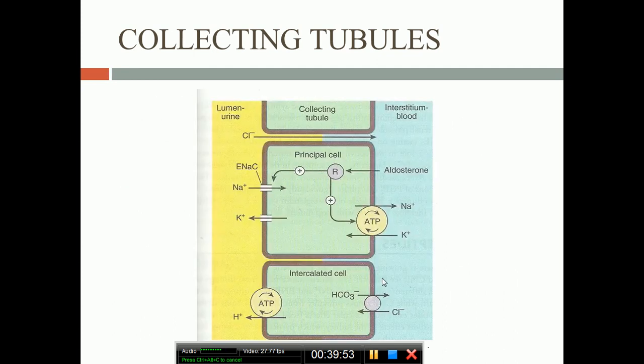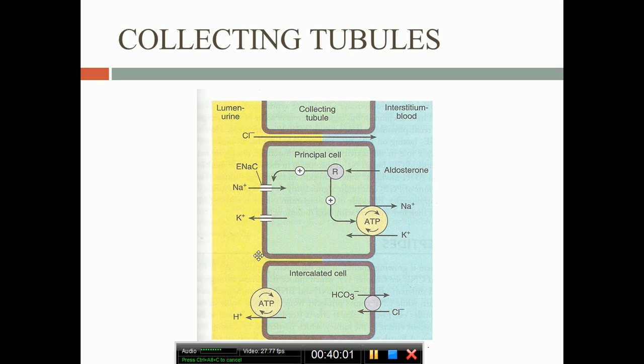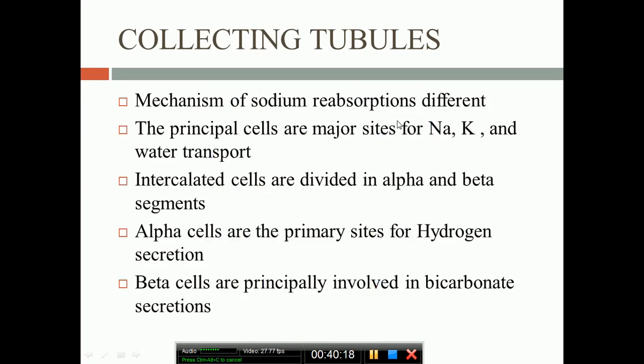Here you can see the alpha and beta cells. These are the intercalated cells. The principal cells are important for sodium reabsorption.